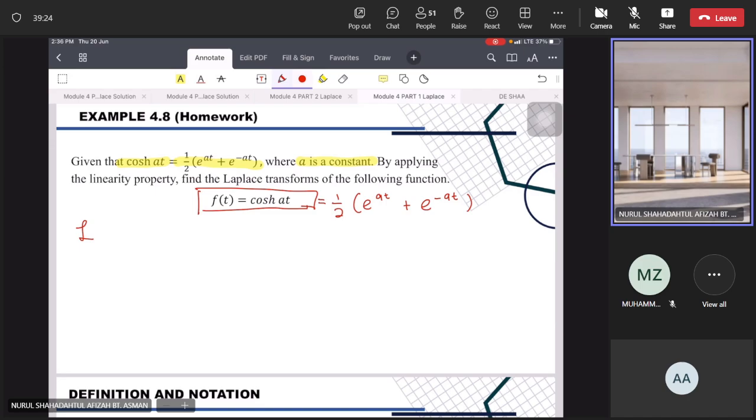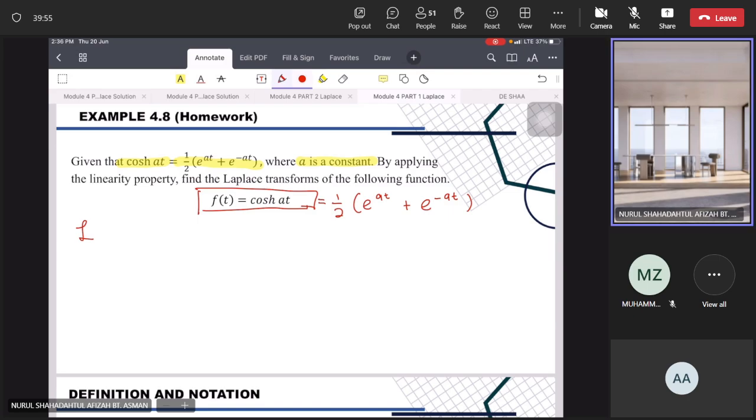1 over s plus a, e to the AT. This one also, yeah, right. E to the AT, e to the negative AT. Why do you get this one? By referring to the table. This one, e to the AT equals 1 over s minus a.